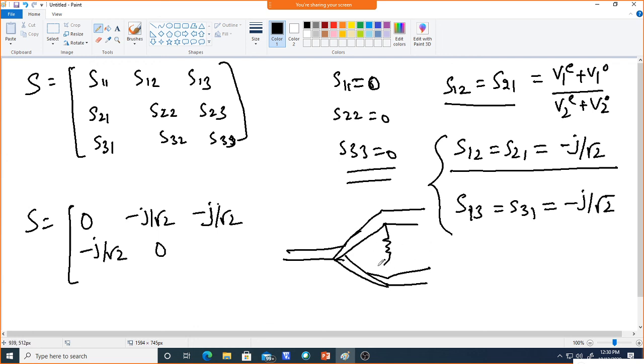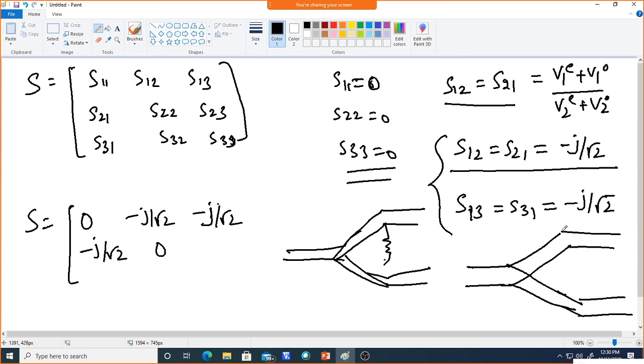Since the output ports are isolated, I'll just redraw it properly. So for these output ports, port 2 and port 3, since they are isolated between these two, whatever reflection there is will be delivered or go through this resistor.